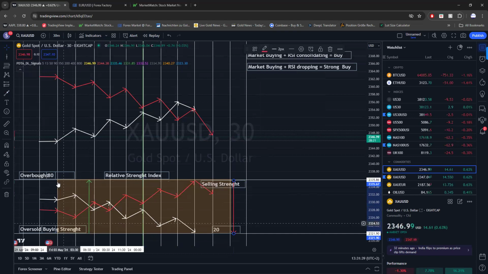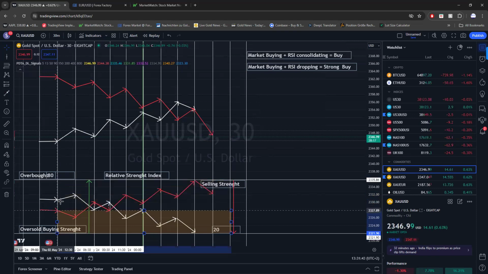That means at this point, the selling strength was here. How many people are there to sell this market, this amount? Then the market reduces its price. Now just think, what if price reduces and the selling strength increases? Do you have a tendency to sell or a tendency to buy?